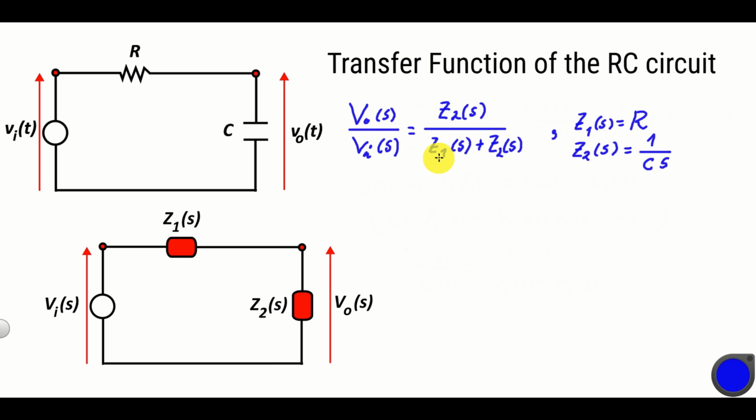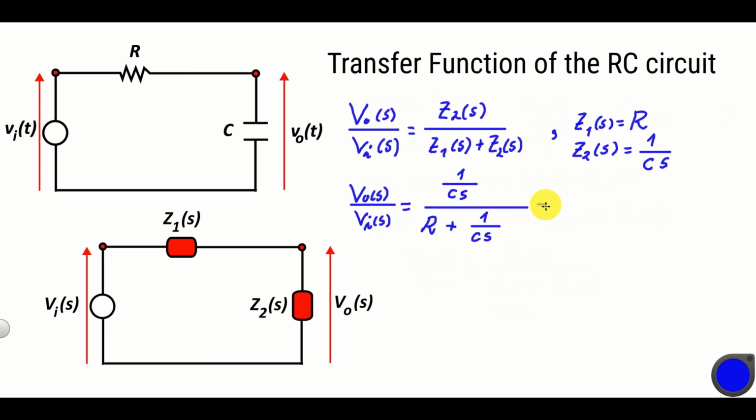Here, for clarity, I wrote again the derived expressions, and here are the impedances. So let's substitute these impedances. As the result, we obtain Vo of s over Vi of s. And on the right-hand side, instead of Z2 of s, we can write 1 over Cs. Then in the denominator, instead of Z1, we can write R plus 1 over Cs.